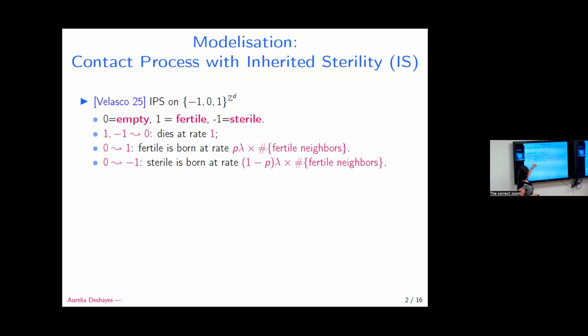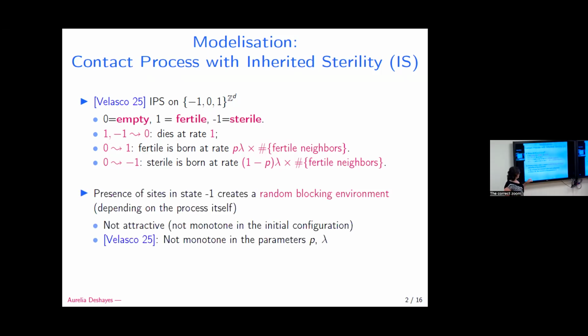And a 0 becomes a -1 at rate (1 minus p) lambda times the number of fertile neighbors. Is the model clear? Okay. So for people who already know the contact process, it is the same but without the -1. The problem here is that the presence of sites -1 creates a random blocking environment.